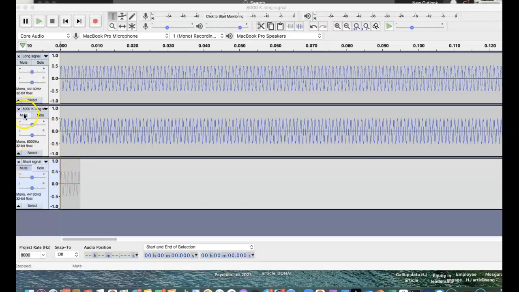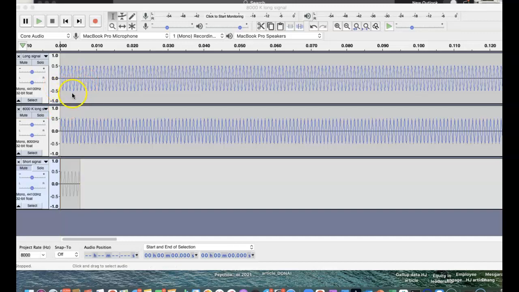All right. So I wanted to show you when we talk about sampling frequency and the number of samples in a signal. So I created, I think these are both 1000 hertz tones. This one's just very short compared to the others.